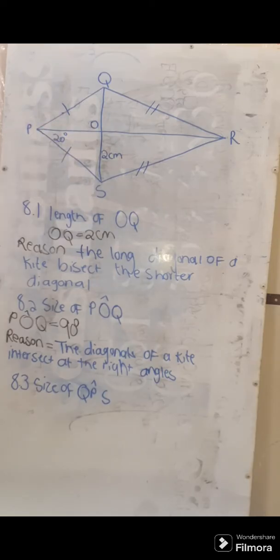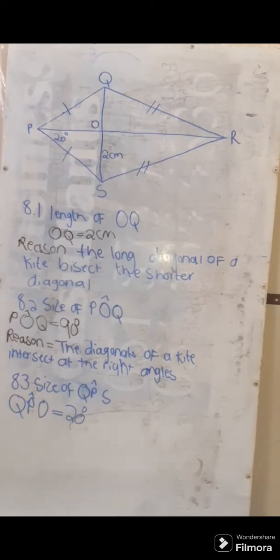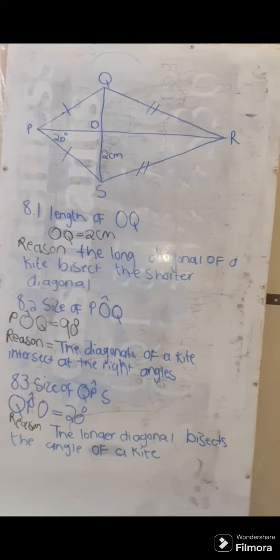So it was cut into two, and that's where we're going to find that angle QPO equals 20 degrees. It means this one equals 20. So that diagonal bisects the angle, which means it cuts it into two. Yes, the longer diagonal bisects the angles of a kite. So that is the reason.